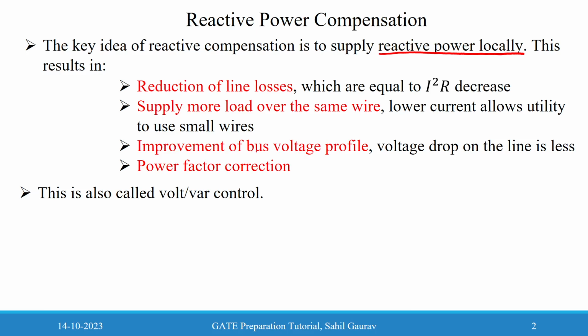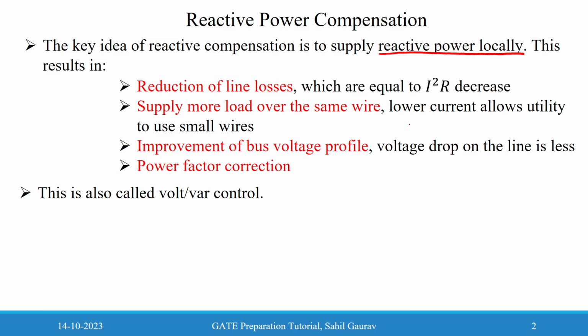So these are the main advantages of doing reactive power compensation. First one is the reduction of line losses. That means you are having less amount of power flowing through the wire, that leads to lesser copper loss, that is I R square loss. Second one is that it supplies more load over the same wire.